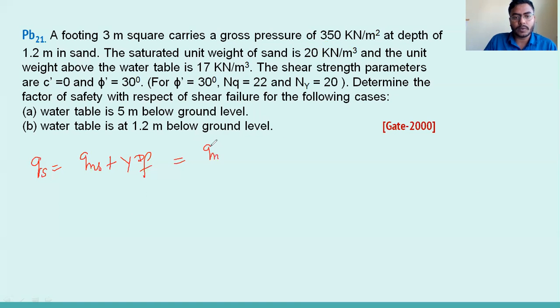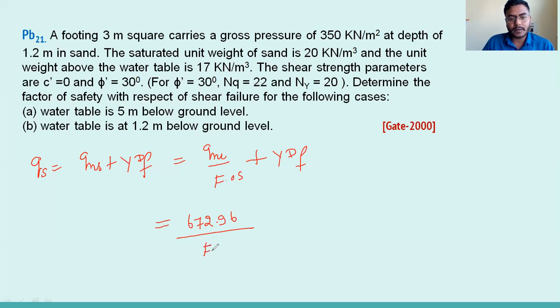This QNS is QNU divided by factor of safety plus gamma DF. And this QNU you have calculated, 672.96 divided by factor of safety plus 17 into 1.2, and that is given in the question as 350.